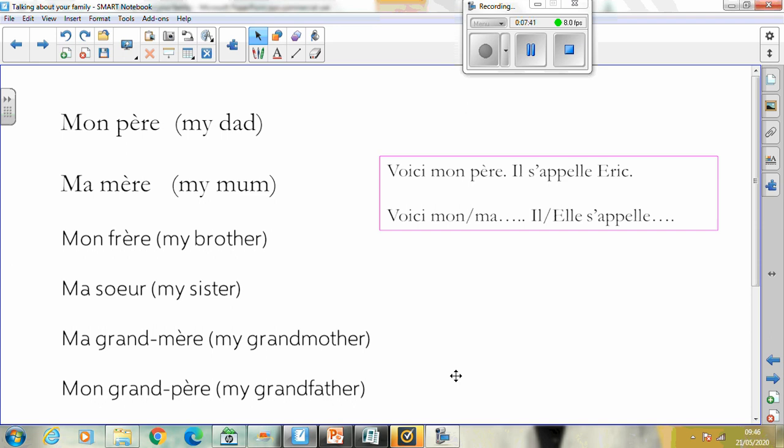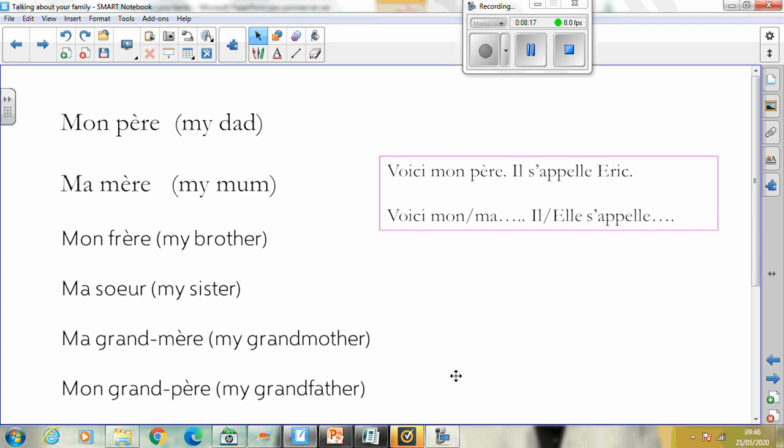So I'm going to give you a little test now. I'm going to say the English and I want you to see if you can respond by saying it in French. Here is my sister. She is called Gemma. Voici ma sœur. Elle s'appelle Gemma. Here is my grandfather.